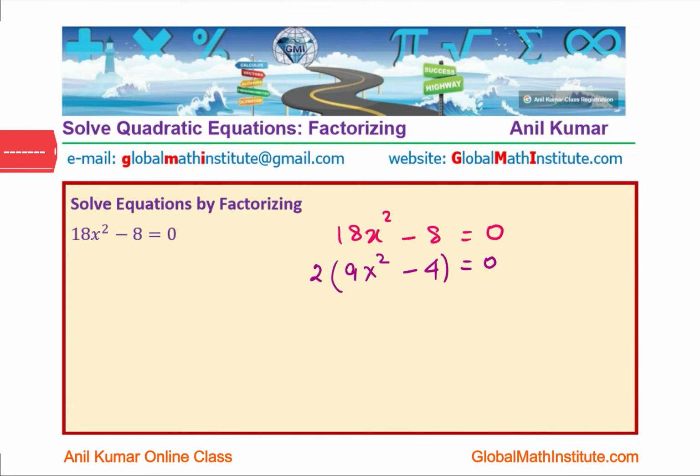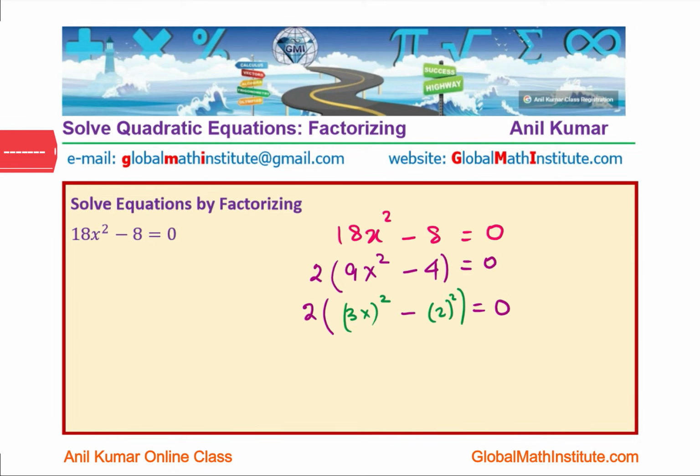You see that? Now 9x squared and 4 are perfect squares. So identify them as perfect squares. What I mean to say is this is like 3x whole squared, right? And this is like 2 squared. You get the idea.